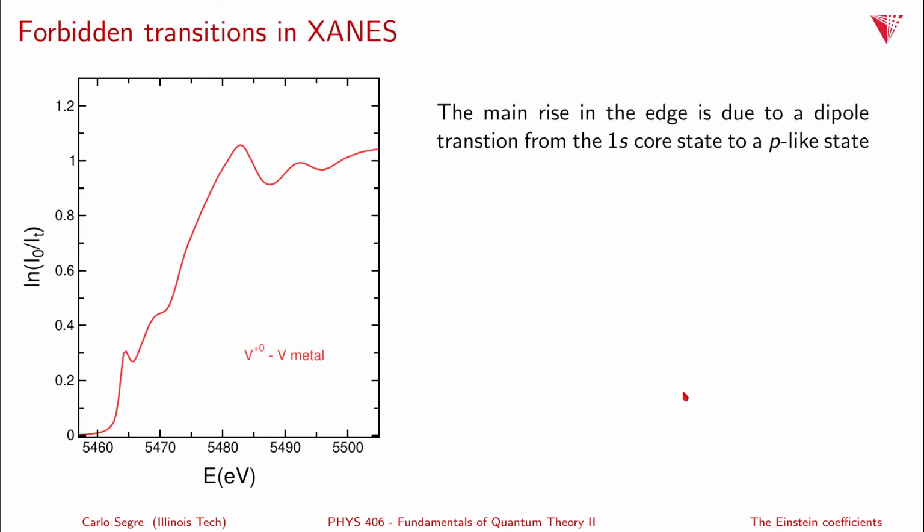So if we look at more absorption edges in vanadium compounds, we can see evidence of this. You have the main rise, which is due to the dipole transition from the 1s core state to a p-like state. So this is vanadium metal.